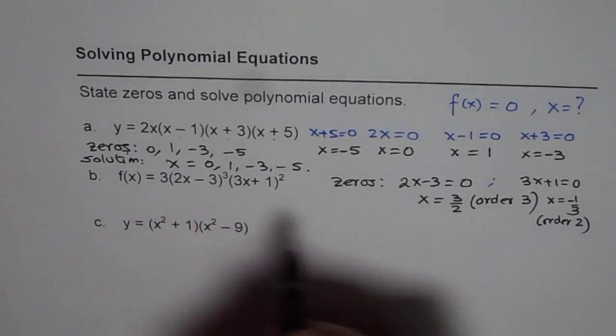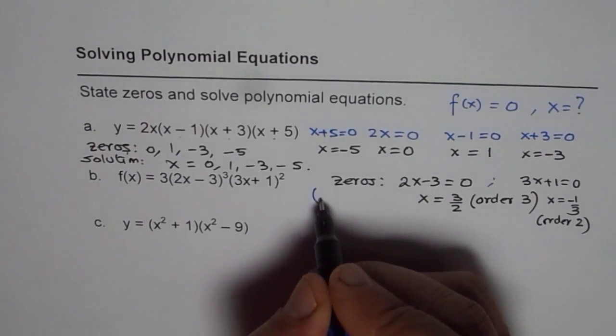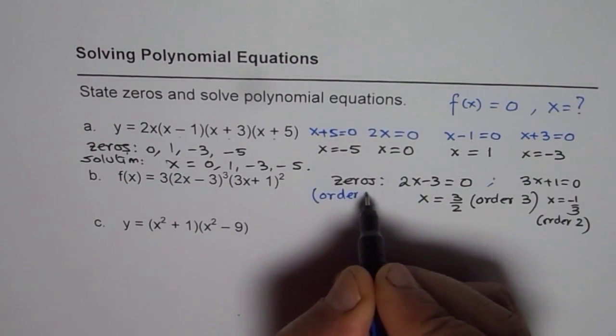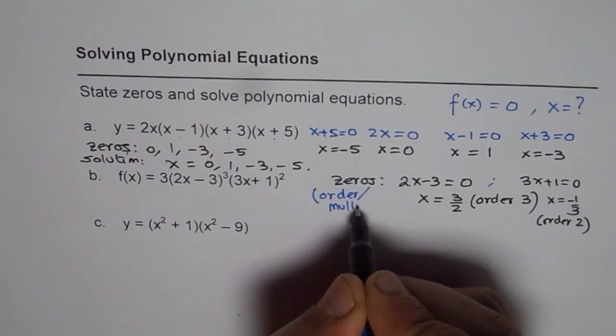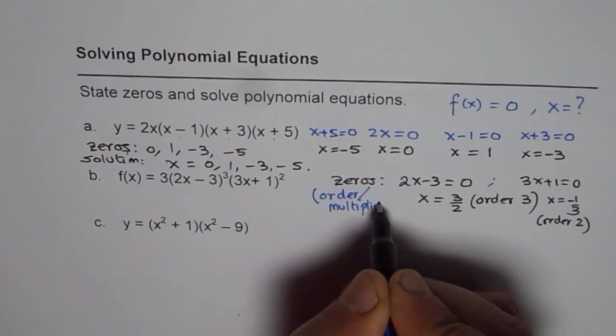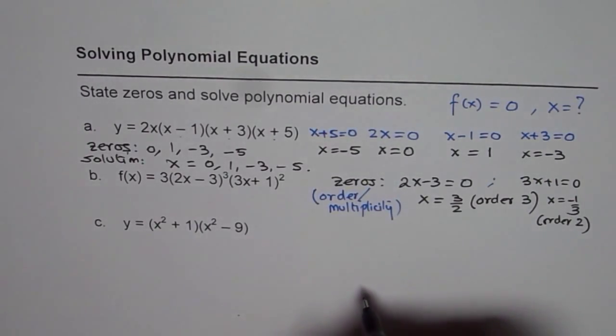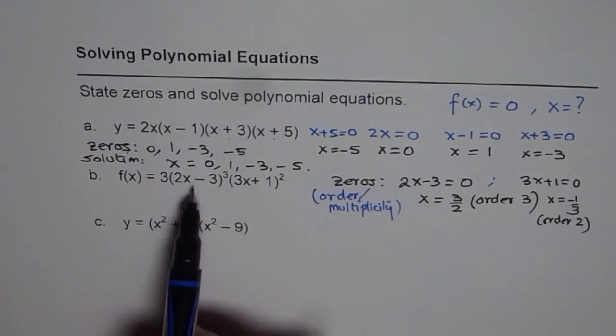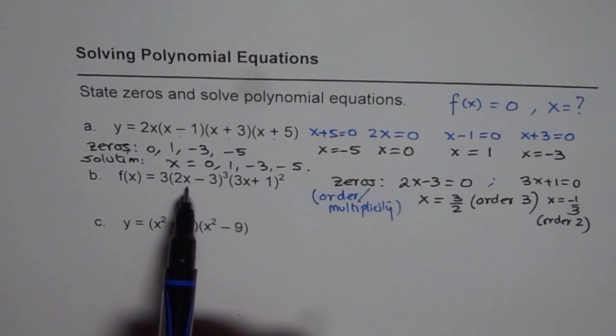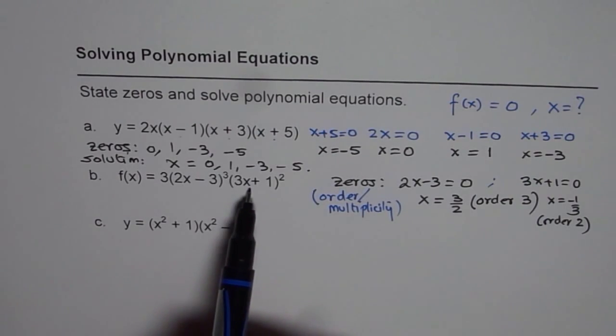So in case of zeros we should mention order or multiplicity. That is kind of important. So here we have two zeros. The first one is at 3/2 and the order is 3. The second zero is at minus 1/3 and its order or multiplicity is 2.